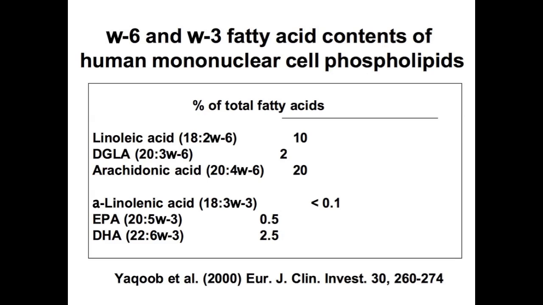So you can measure these in pretty much everybody, but the amount is variable, and the amount is typically much lower than the amount of the omega-6 fatty acids. So in other words, most people have a much higher content of omega-6 fatty acids in their cell membranes than they do omega-3 fatty acids. And of course, most people have a much higher content of omega-6 fatty acids in their diet than they do of omega-3 fatty acids. Okay?